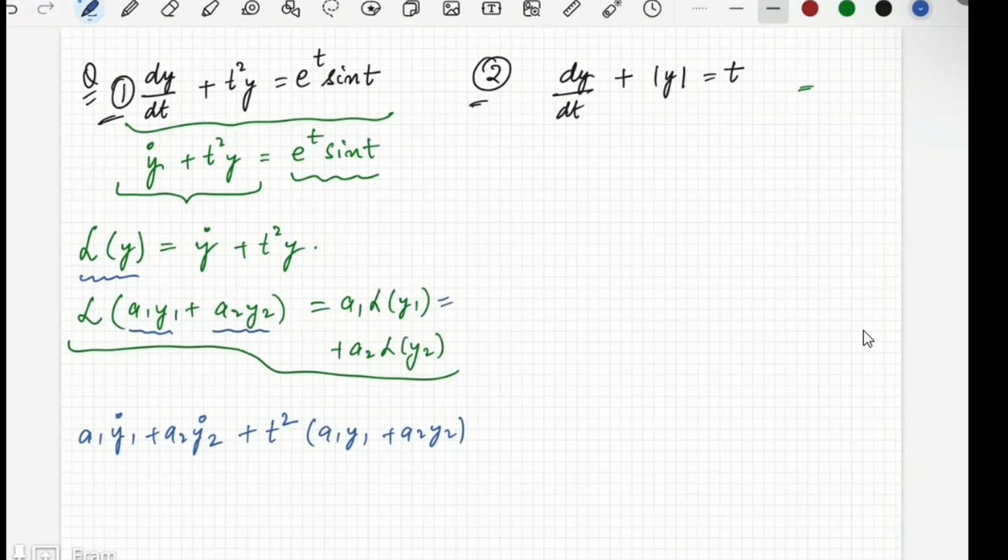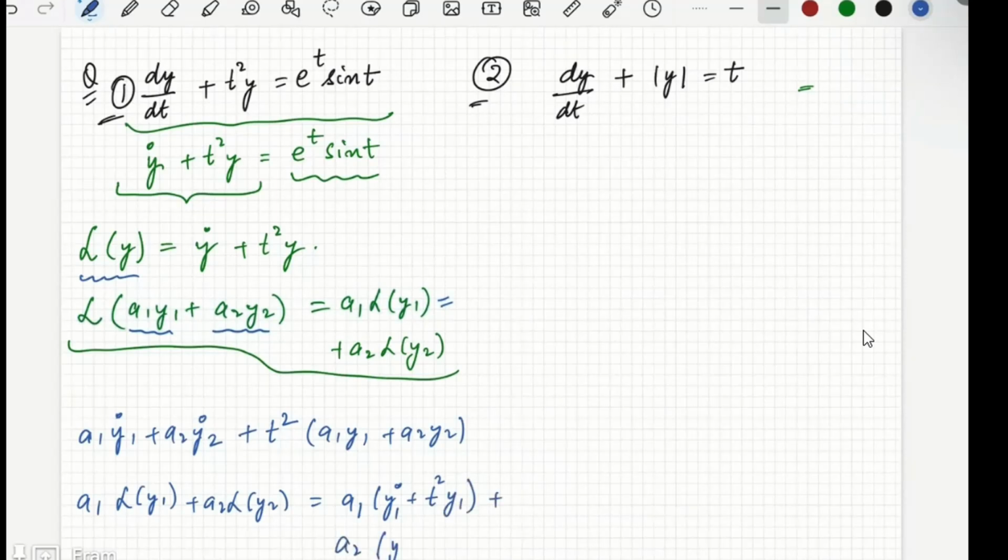Now let's find a1 Ly1 plus a2 Ly2. It will be a1 of y1 dot plus t square y1, and a2 of y2 dot plus t square y2. Now, can you confirm whether A and B are equal to each other?